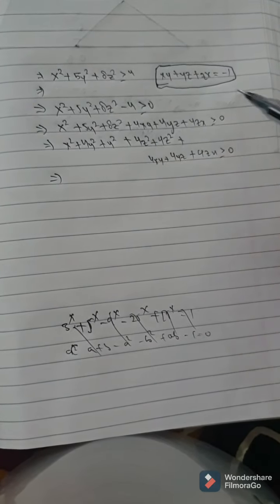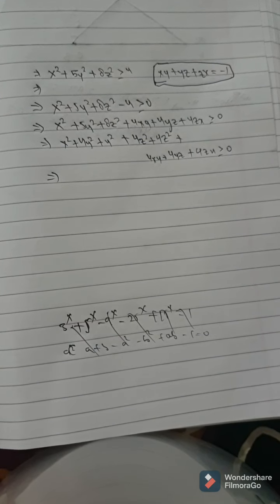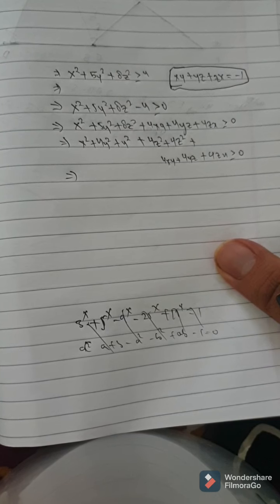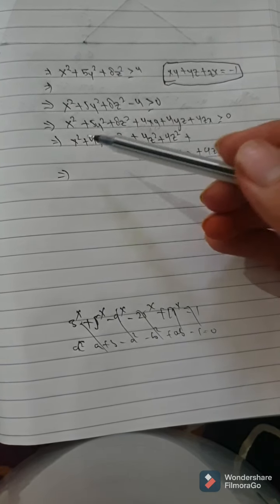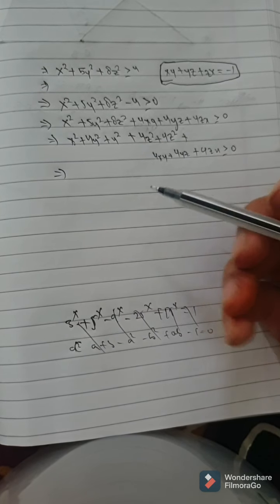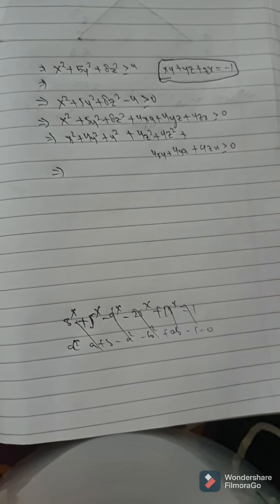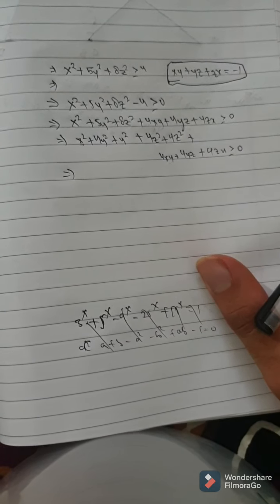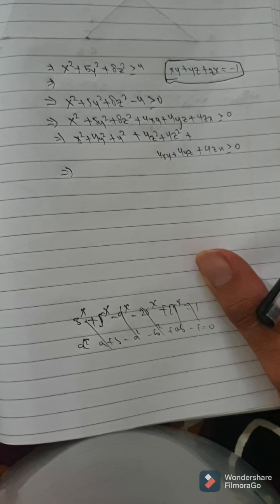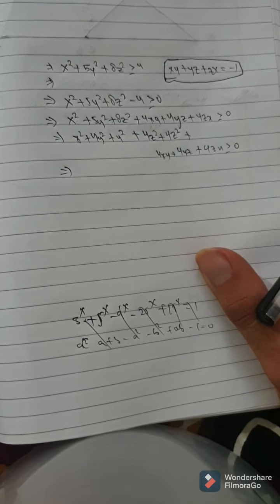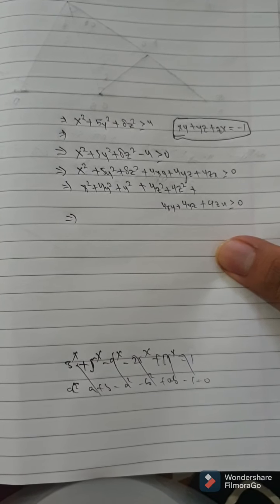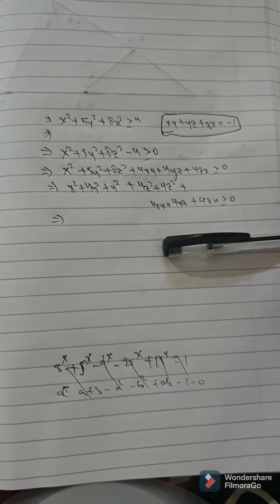Now it's not hard to see the perfect squares forming out here. See how you can observe this as x square plus 4y square and this is 4xy, and y square plus... now what do you think we should do?